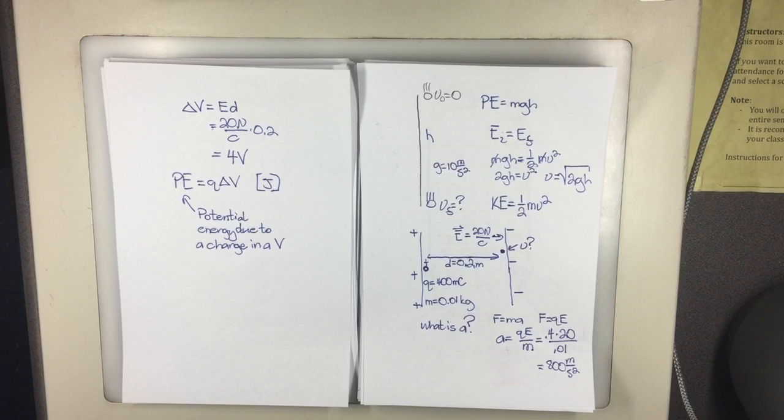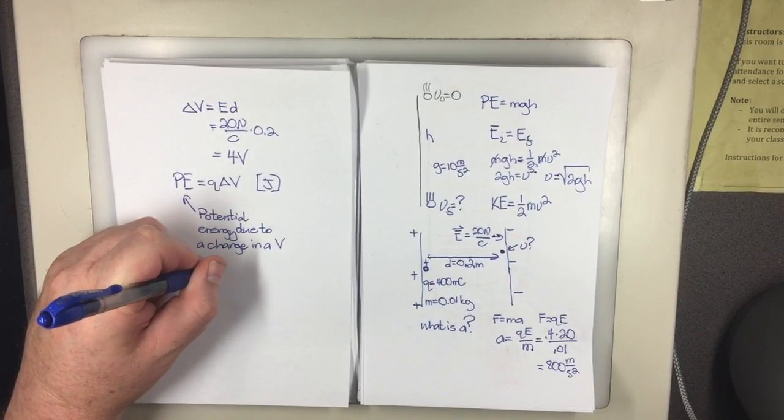Effectively, we're setting up the same type of problem. Rather than dropping something from a particular distance, we just have something move across a particular distance with an electric field associated with it.